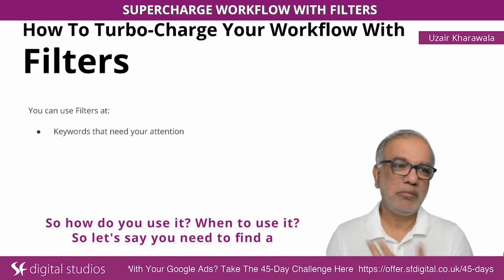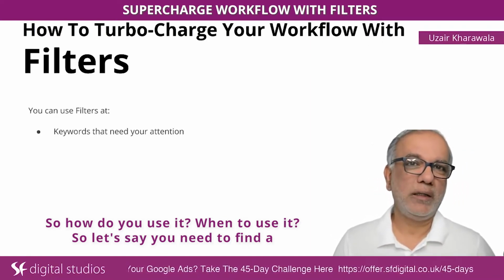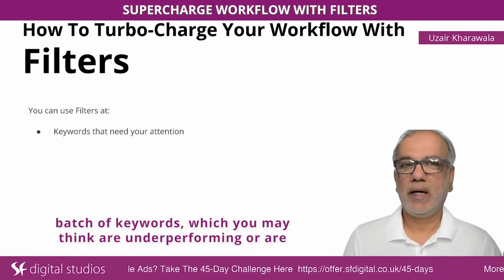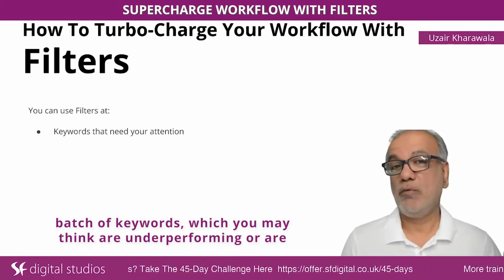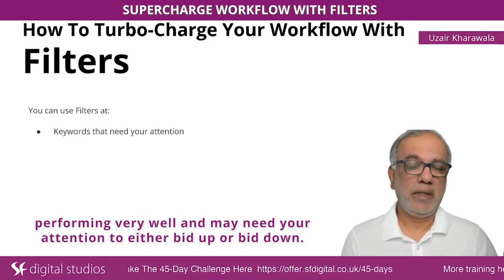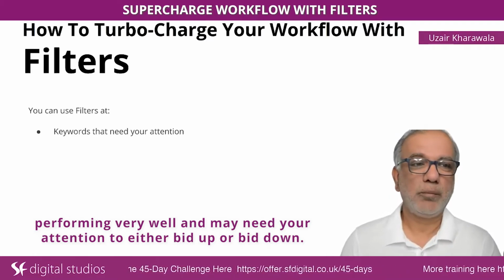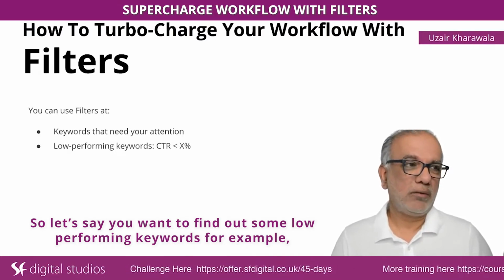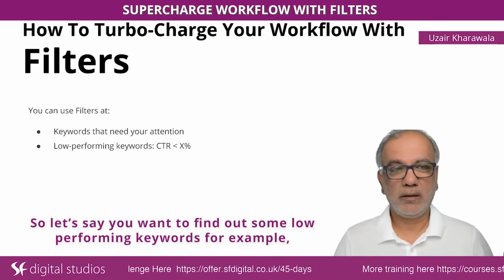So let's say you need to find a batch of keywords which you may think are underperforming or are performing very well and may need your attention to either bid up or bid down. Let's say you want to find out some low performing keywords.